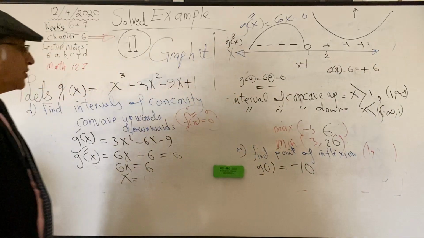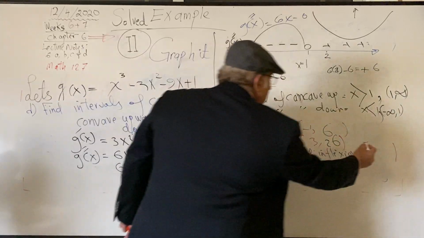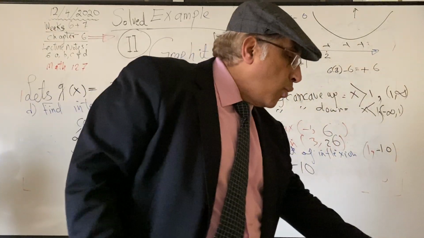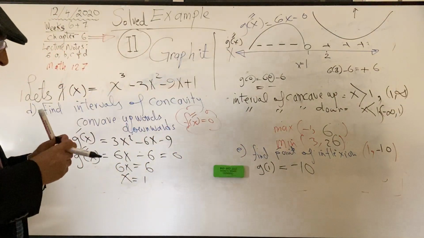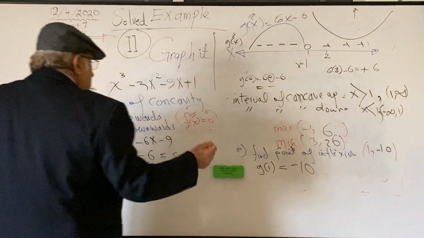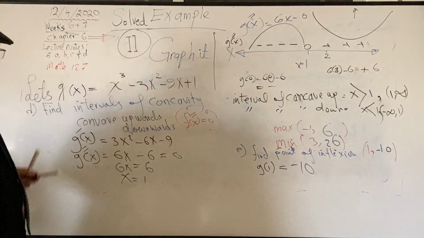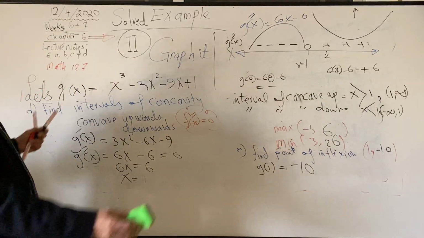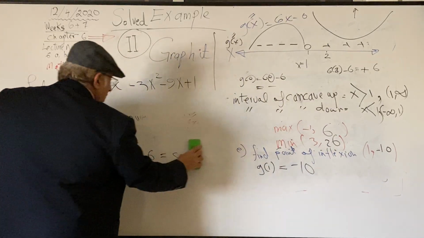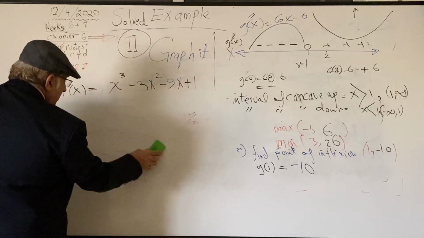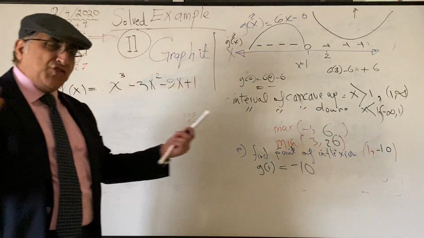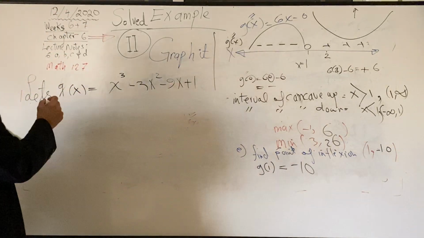All right? So the coordinates of the inflection point are 1 and negative 10. And guess what? I've got a perfect thing. I'm done. Simply have to go to part A, B, C, D, E, part F. What is part F about? Check your lecture notes. I don't do this for nothing. I did all of this for one purpose, to sketch my graph.